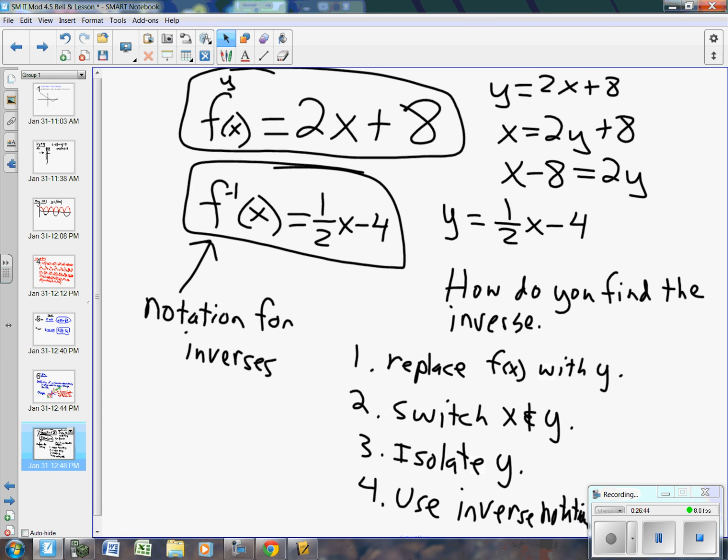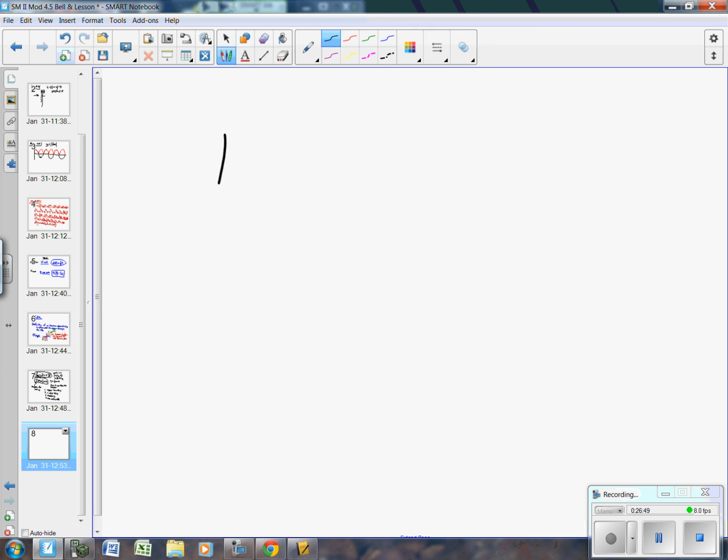Okay, let me just ask you this. If you're given a square, and you know the area, let's say you know the area is 64 square inches. Can you figure out what the lengths of the sides are? 8.